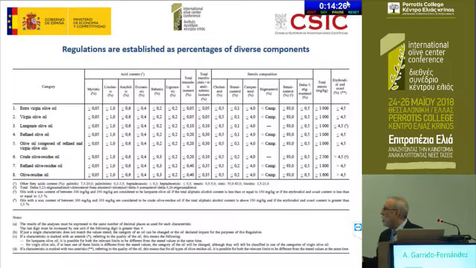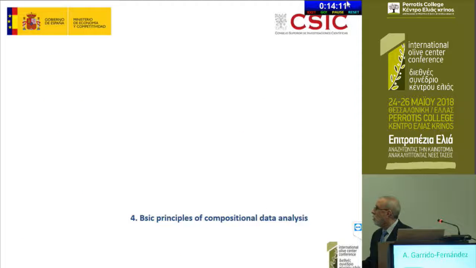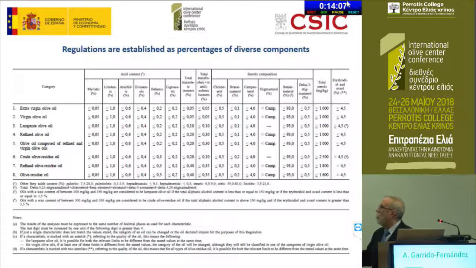In my opinion, this is an example of the application of normal statistics to composition. This is the table of the International Oil Council for the categories of different olive oil.